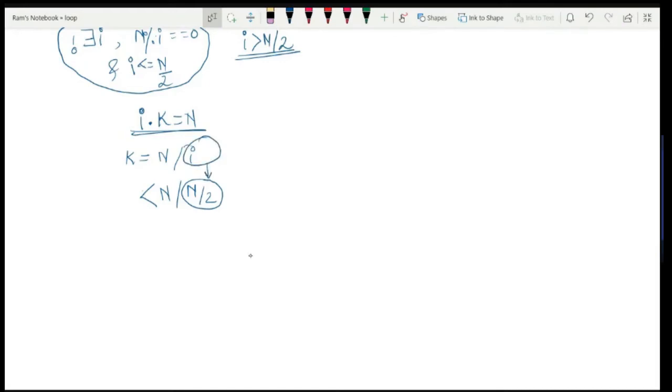And why did I replace this equal symbol by a less than symbol? Just to give you an idea, intuitively, say you have this n, some quantity that you want to distribute over some number of people. If you have more people, each person will get a smaller quantity.